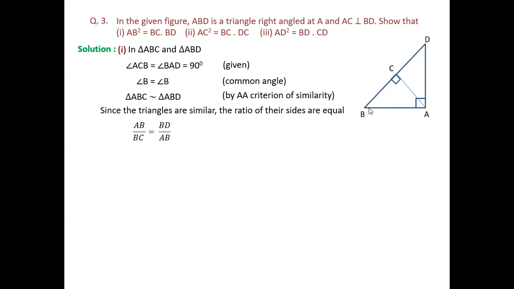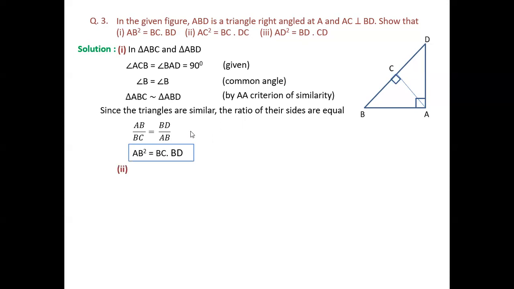Therefore, when you talk about the full triangle, the hypotenuse is BD upon the base length AB. So it is AB upon BC is equal to BD upon AB. Cross multiply AB into AB will be AB square. So you'll get AB square is equal to BC into BD. So this was your first condition which has been proved.